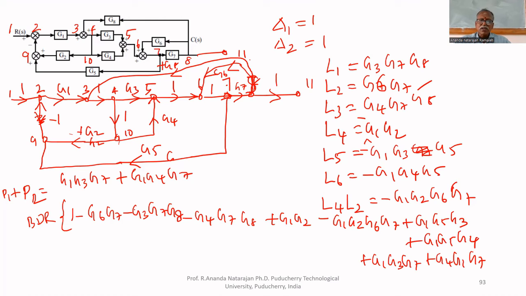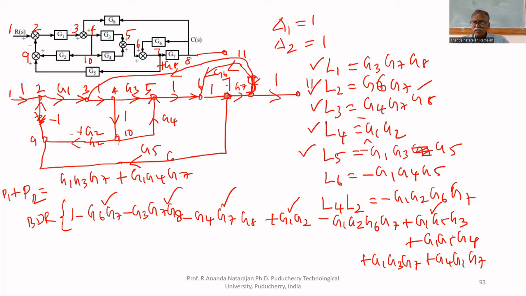Here, whatever we got as L1 we will tick. G1, G2 we got. G3, G7, G8 we got. G6, G7 we got. G4, G7, G8 we got. G1, G3, G5 we got.